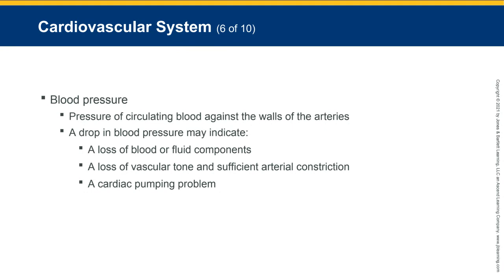One of the things that you need to also obtain from your blood pressure is the pulse pressure, not the pulse rate, the pulse pressure, which is the difference between the systolic and the diastolic pressure, which is an indication of how strong the heart is contracting.